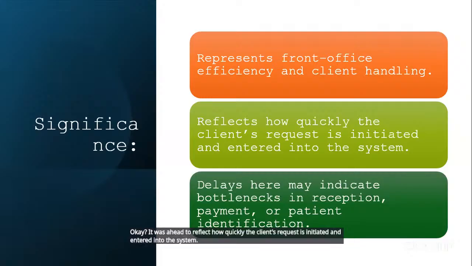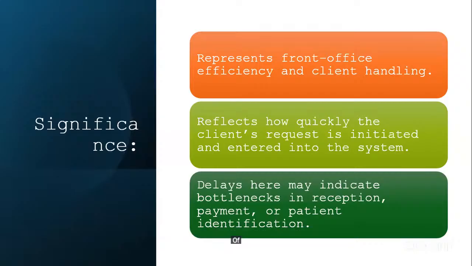Of course, through evaluation, we see process improvement. How quickly can a client request be initiated and how quickly can it be registered into the system? It is a very good parameter that we can actually focus on when it comes to that. Of course, delays in this aspect may actually indicate bottlenecks in reception or front office performance.